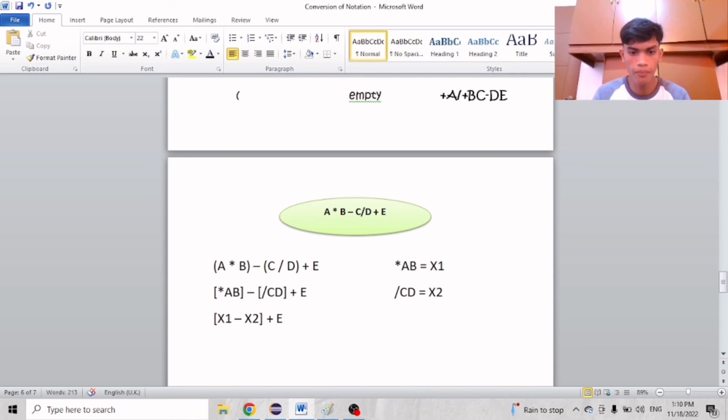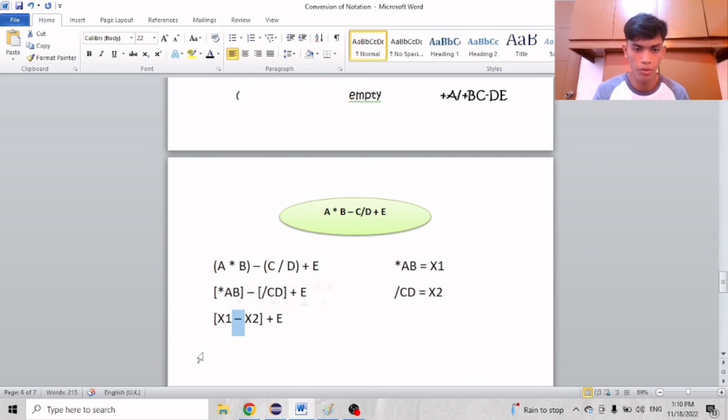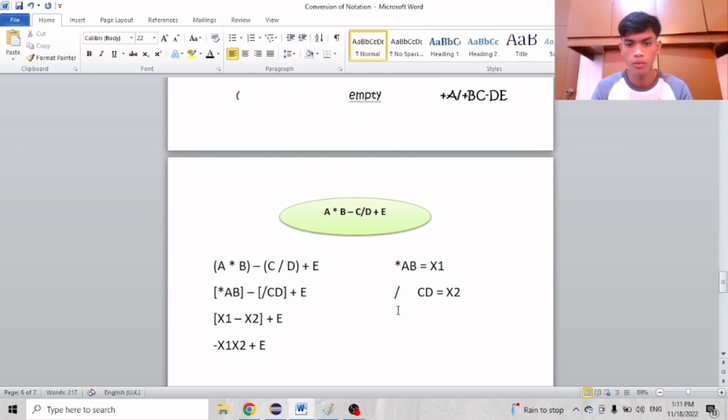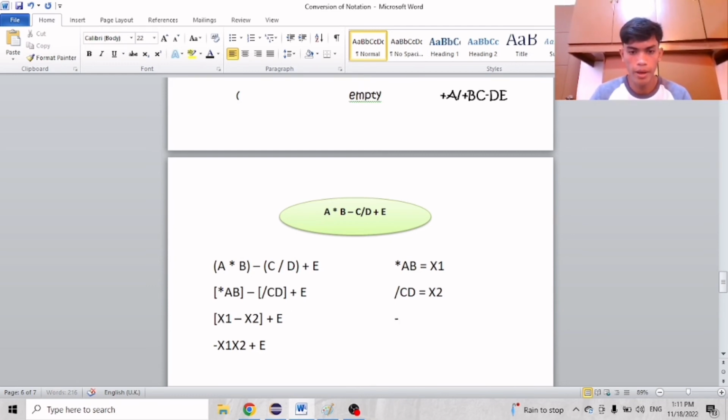So the style is reversed like this. Don't get confused, we place the operator before the operands. So minus X1 and X2 plus E. X1 and X2 will be converted into X3.